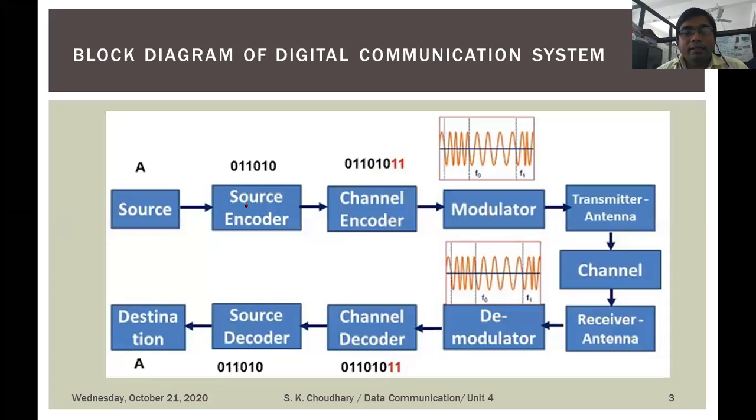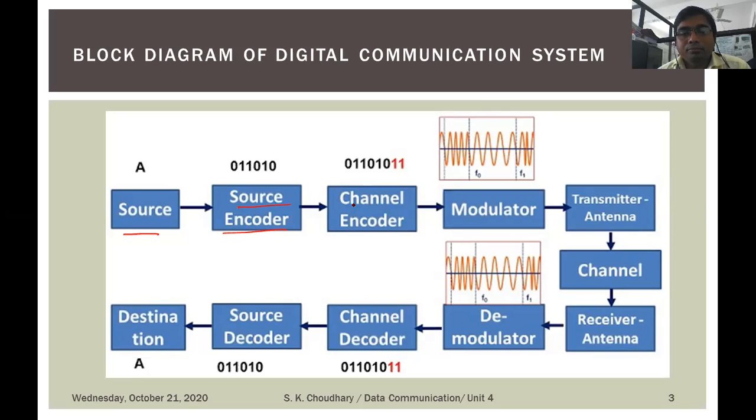Source could be any human being, whatever I am talking, that is also one of the sources of information. This would be further passed through a source encoder, where we encode the messages. In unit number 3, we focused on source encoding methods like Shannon-Fano coding, Huffman coding. These are the source encoding methods that we have learned.